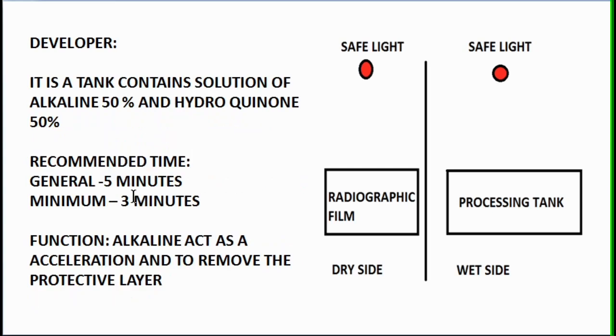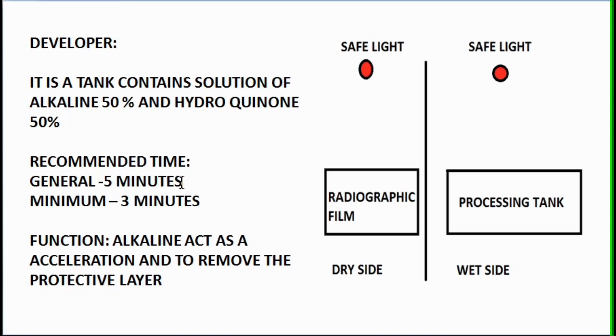For the recommended time, the hanger is used to hold the film, that is the exposed film, and it is immersed in the developer tank. Generally the holding time is 5 minutes, with a minimum of 3 minutes.